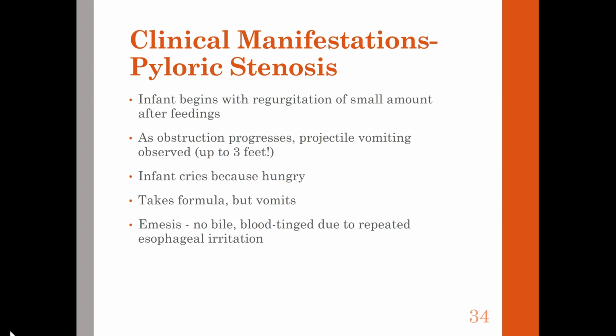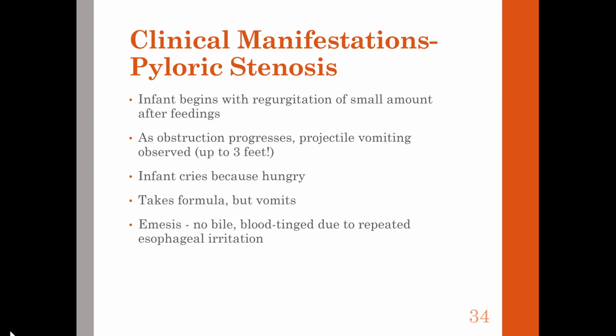And basically, the infant begins with regurgitation, which is normal, and it's a small amount. And then as the pylorus becomes more and more hypertrophied, they vomit more and more because it's not getting through that pylorus. And so then it eventually becomes projectile. I mean, like really vomiting across the room.